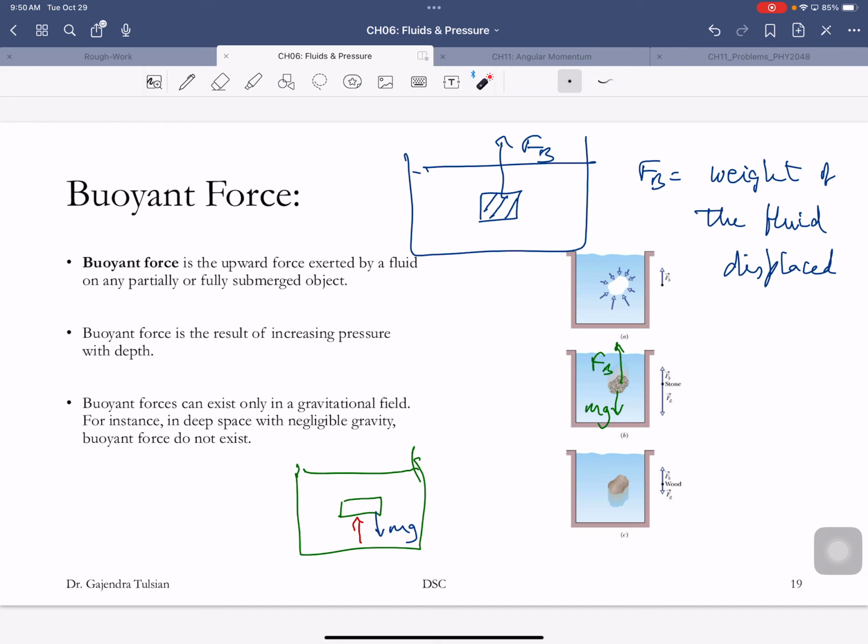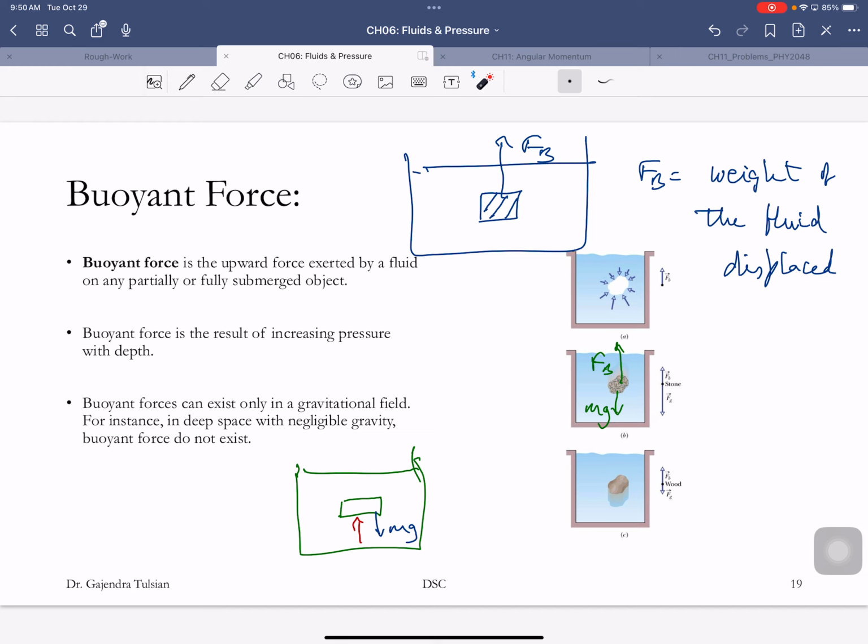Now, if the buoyant force is equal to the weight, then the object won't sink. If the buoyant force is larger than the weight, the object will rise up. And if the weight is greater than the buoyant force, the object will sink. So for a rock, the weight is greater than the buoyant force, it'll sink.